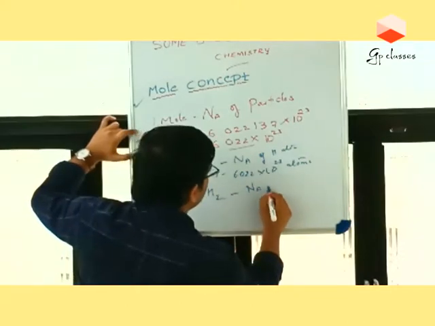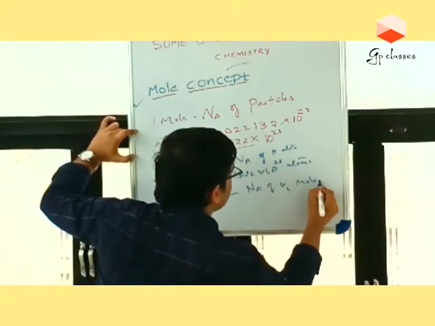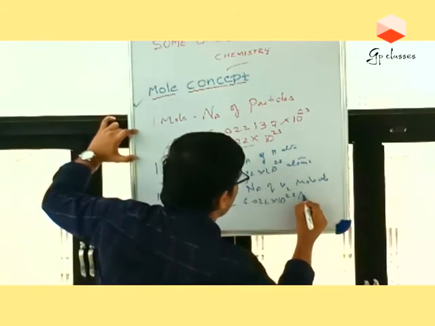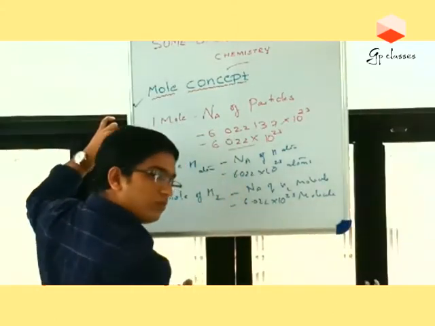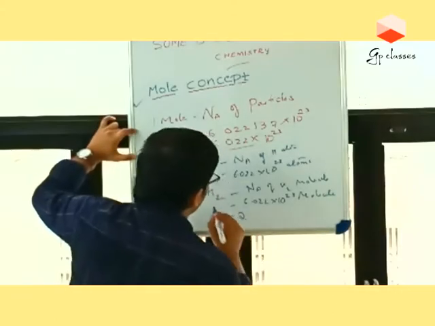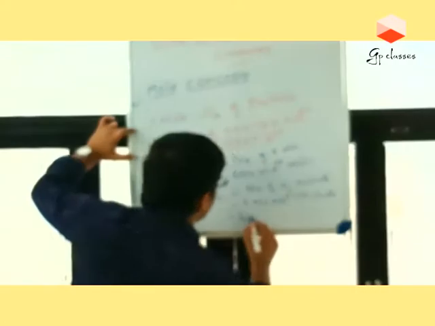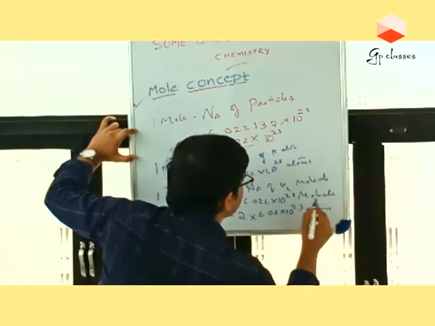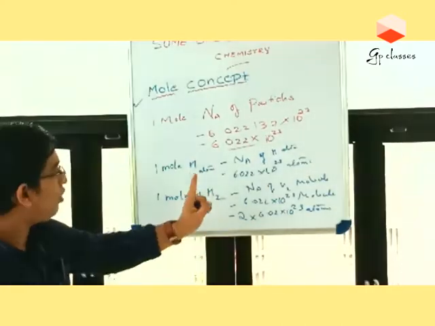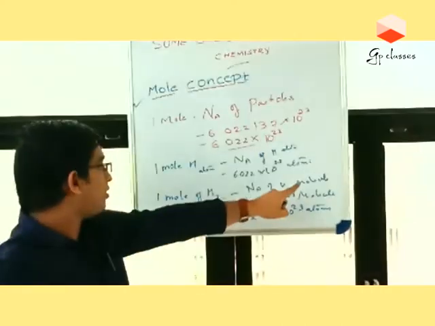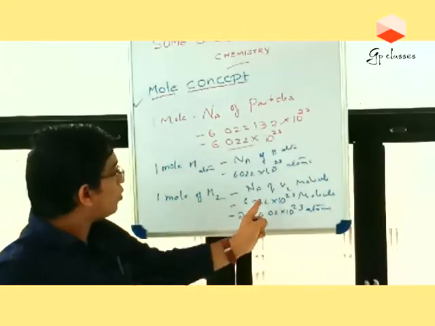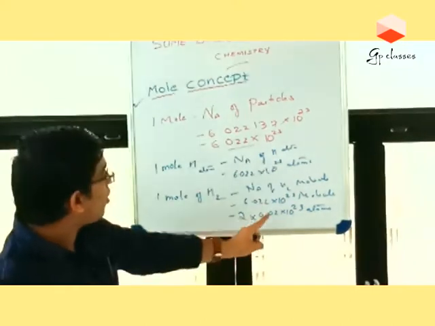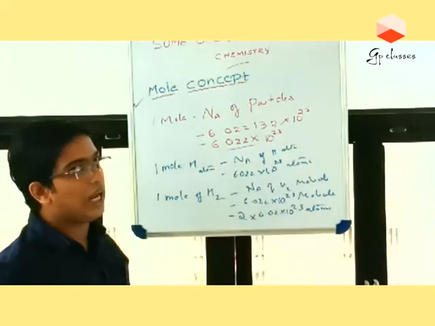It has Avogadro number of H2 molecules, which means 6.022 into 10 raised to 23 molecules. Each has 2 atoms, so that is 2 into 6.022 into 10 raised to 23 atoms of hydrogen.